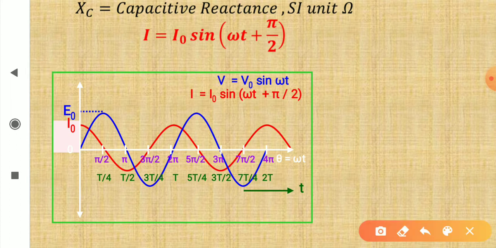Initially, when omega t is 0, V is 0, and sine pi by 2 is 1, maximum, so current is maximum. After some time, when current becomes 0, voltage becomes maximum. So voltage is following the current all the time.